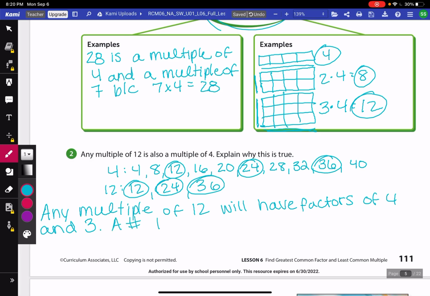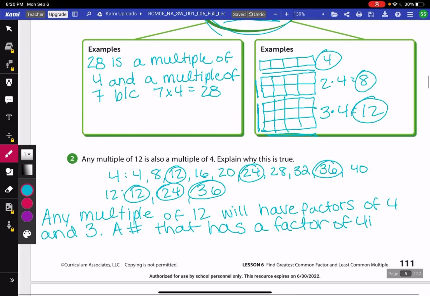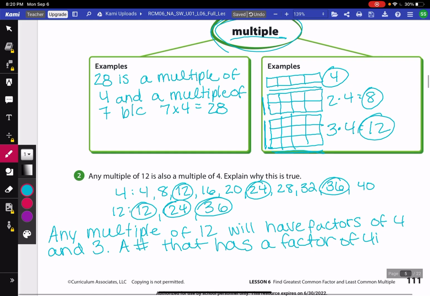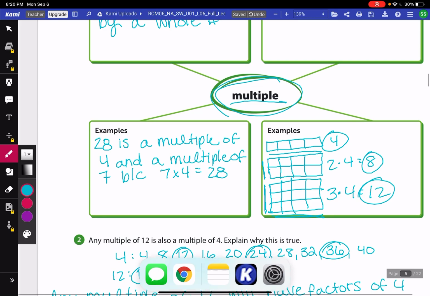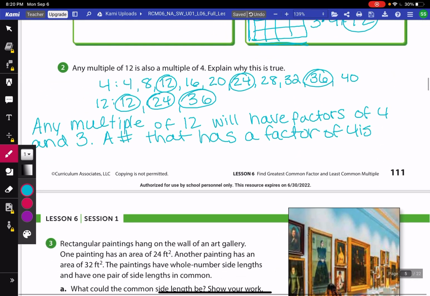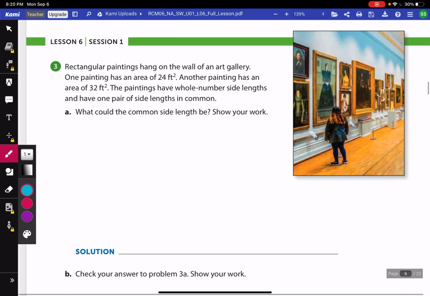A number that has a factor of 4 is a multiple of 4. Well, my pen's not working. There we go. Moving on to number 3.